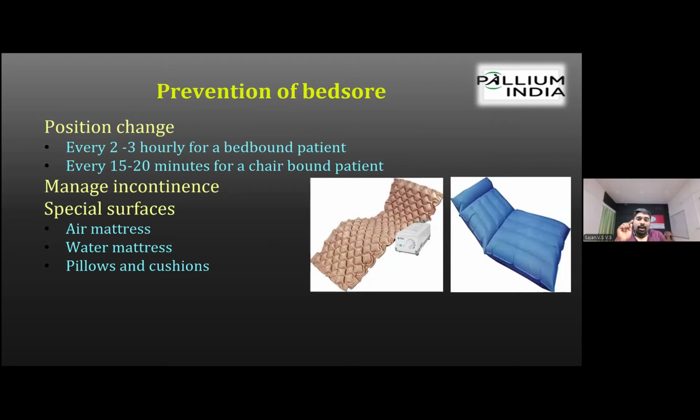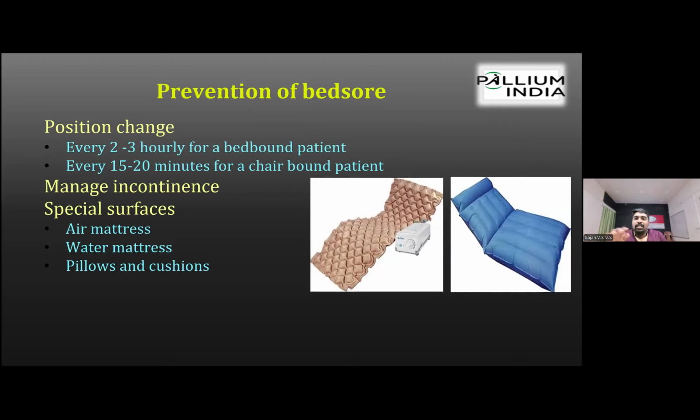Even if the patient is lying on an air bed or a normal bed, we need to change the position every second hour. This is only a risk-reducing device, not a preventive thing. We need to convey that, or otherwise they will think that once they get an alpha bed and make the patient lie on it, this is the solution for prevention of bed sore. Not like that. Position change is very important.